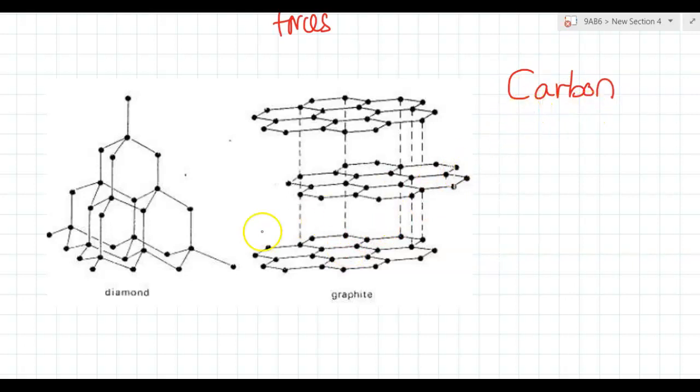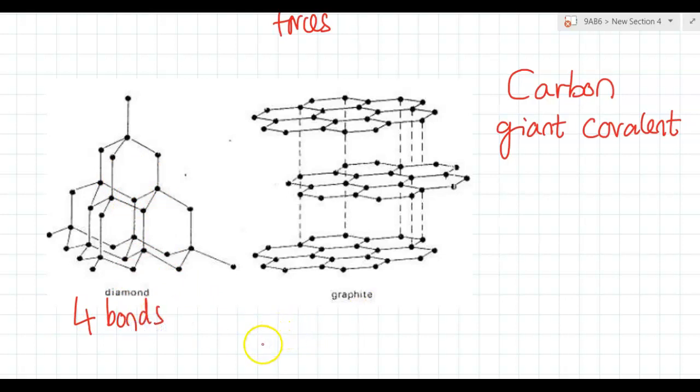Okay? So the diamond is pure carbon and the graphite is pure carbon, and both of these are examples of giant covalent structures. The carbon atoms in the diamond make 4 bonds, which is the maximum number for group 4 carbon to make.